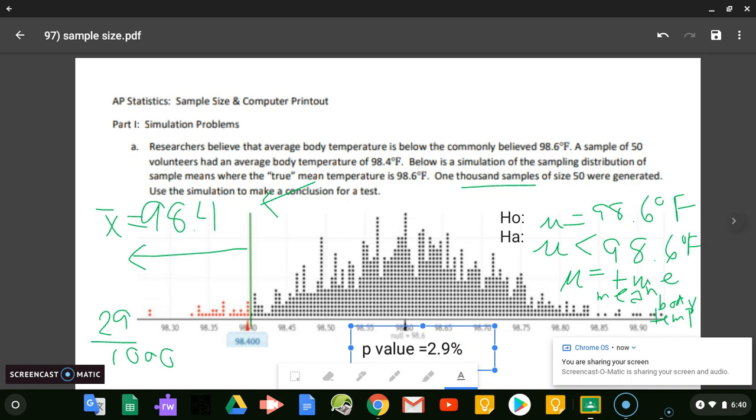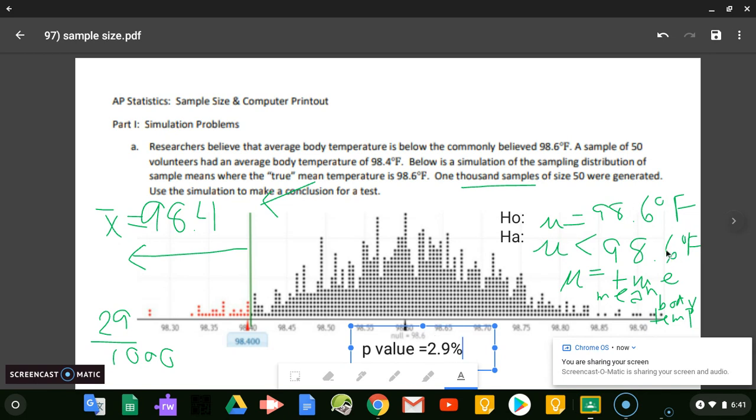Based on that p-value, take a minute to think about, do you have evidence to reject the null, or do you fail to reject the null? Remember, when my p-value is low, I reject the null. So because my p-value is low, I reject the null.